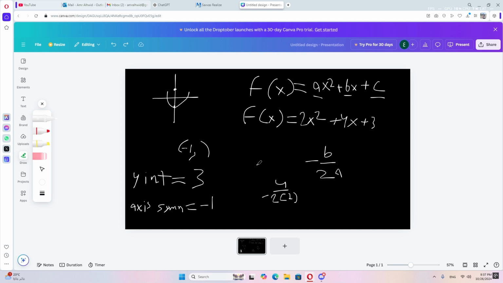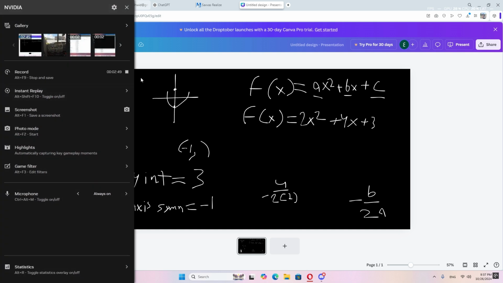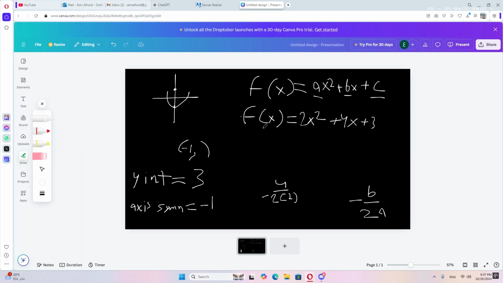Okay, so let's try this. Let's move this down. So f of minus 1 is equal to 2 times minus 1 squared, plus 4 times minus 1, plus 3.